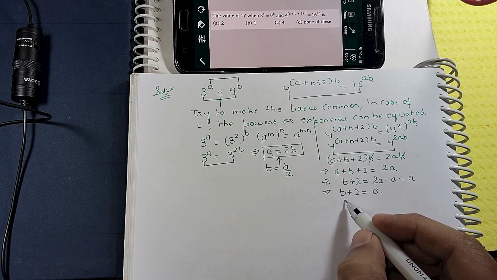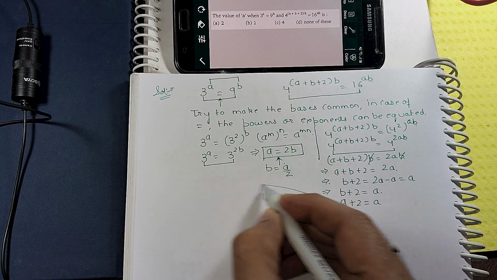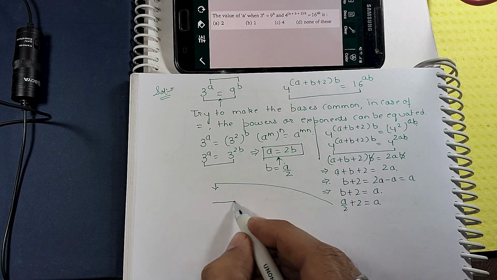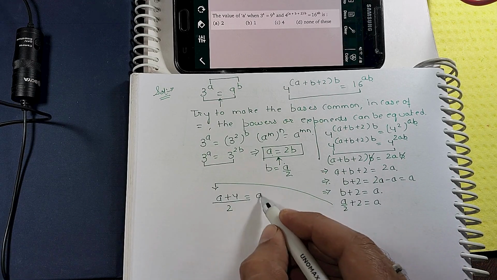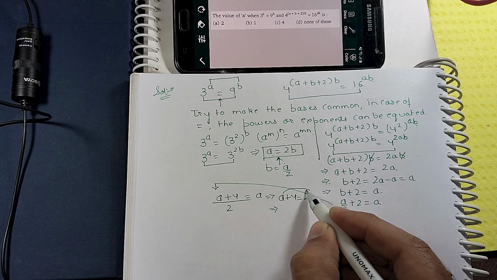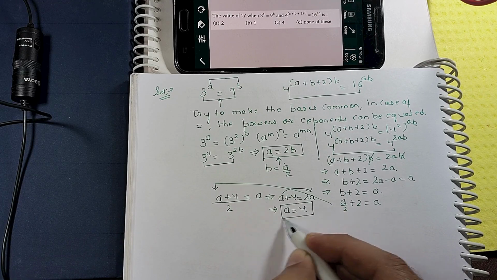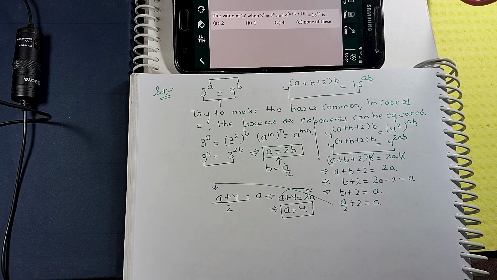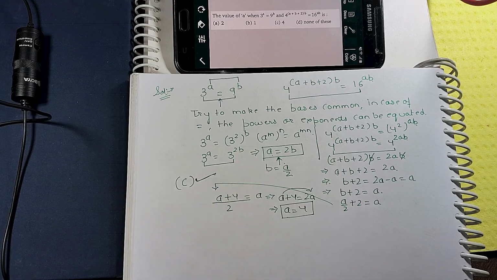So I can write over here a by 2 plus 2 is equal to a. Now I will solve this. Taking 2 as LCM, this will be a plus 4 equal to 2a. Or if I shift this to this side, this will be a equal to 4. So the value of a which we need to find is 4. So the right option for this question is option C.